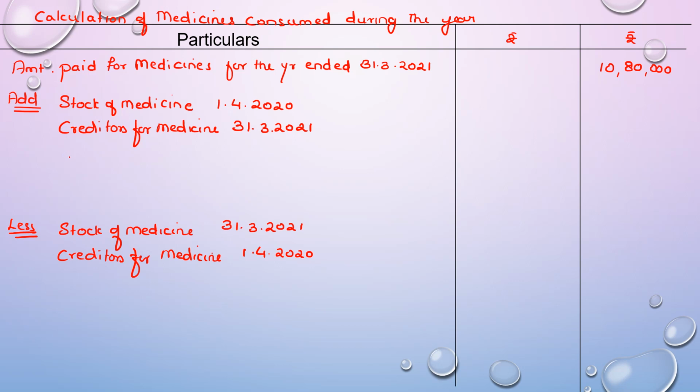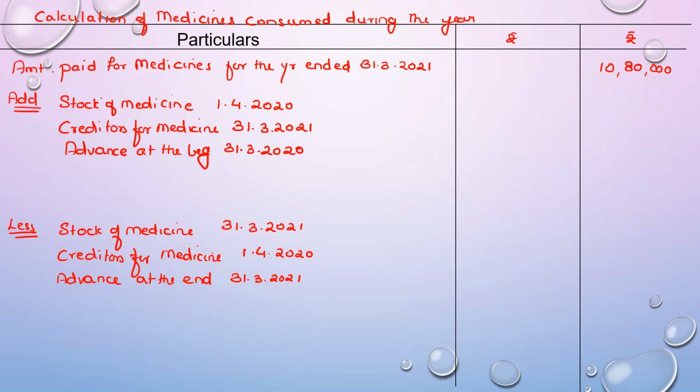And then whatever advance was given at the beginning, that is as on 31st March 2020, would come in the add, and the advance at the end, as on 31st March 2021, would be subtracted.